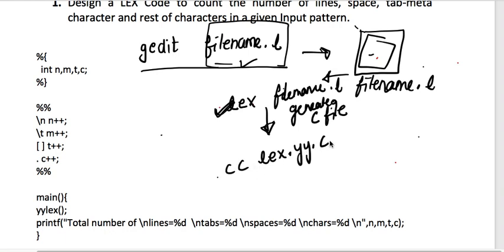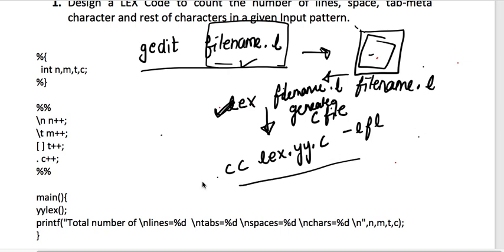cc space lex.yy.c space hyphen lfl. Sometimes this command does not run, so what you will do, you'll write space hyphen lfl, lex file library. It will be taking all the required methods or functions from the lex library.